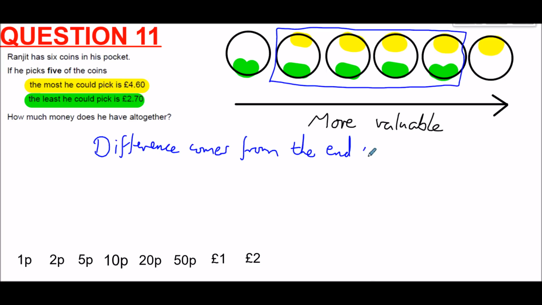So what we can think of now is, what is the difference in amount of what he picks? The most he could pick is £4.60. The least he could pick would be £2.70. So if we find the difference between these two values, 0 takes 0 is 0. 6 takes 7 we can't do.